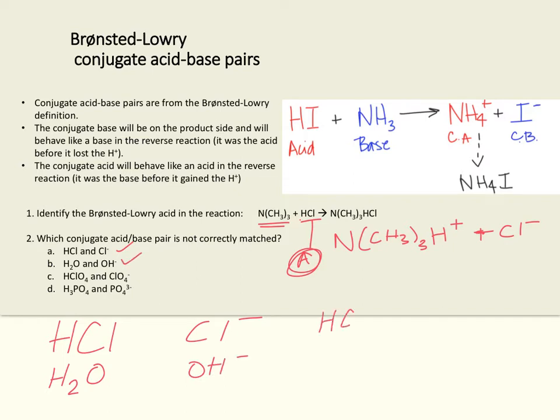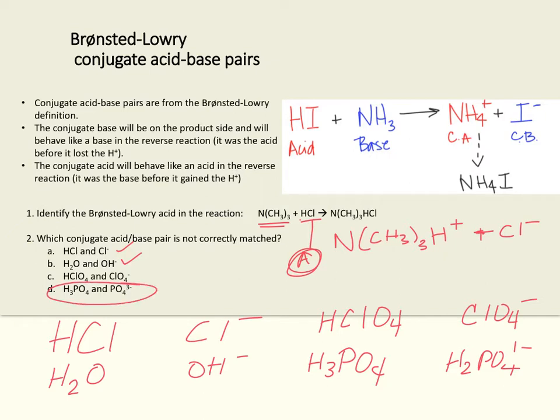If this is acting as an acid, it's going to lose a hydrogen, and so it would become ClO4-. And if this is an acid, it's going to lose a hydrogen, and so its conjugate base is H2PO4-. So this one is not correct.